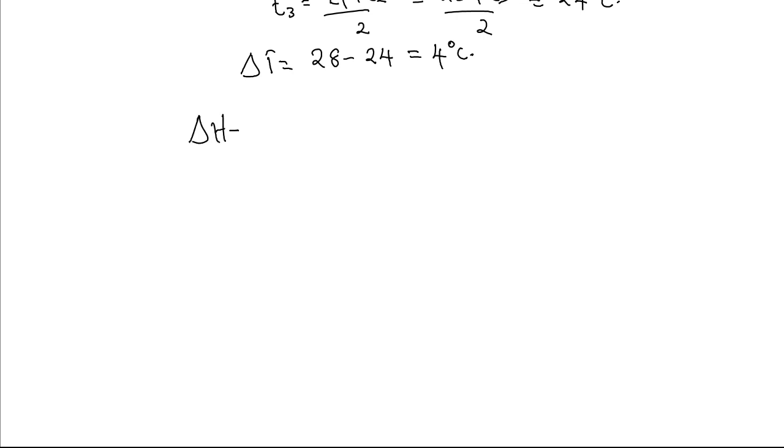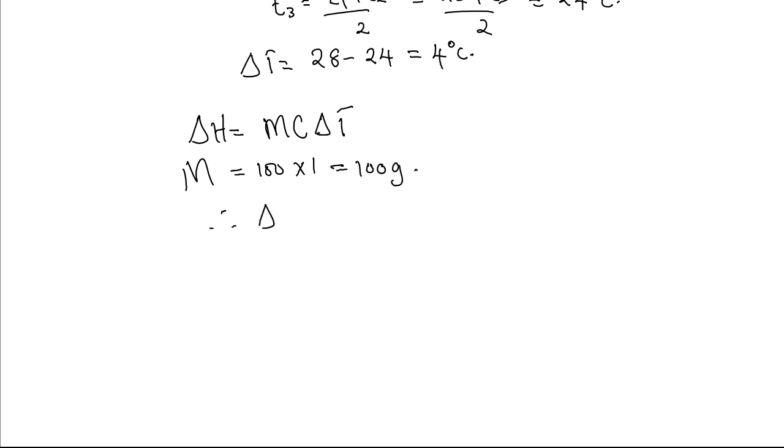Delta H is equals to mc delta T, and m is simply the summation of the two volumes, giving 100 cubic centimeters. Then that 100 times 1 gram per cubic centimeter, giving 100 grams.